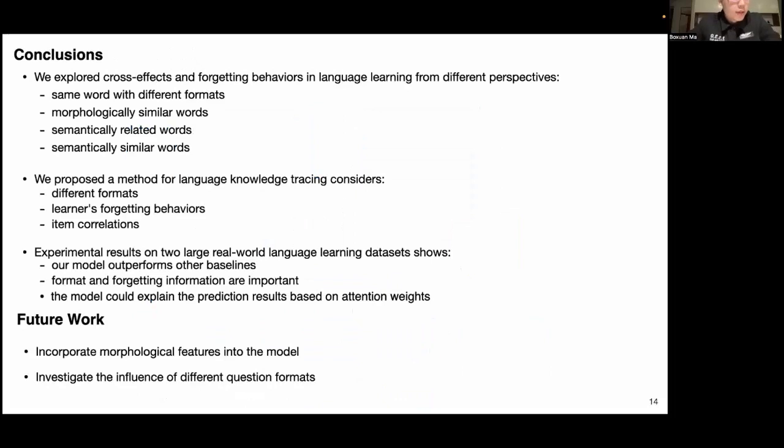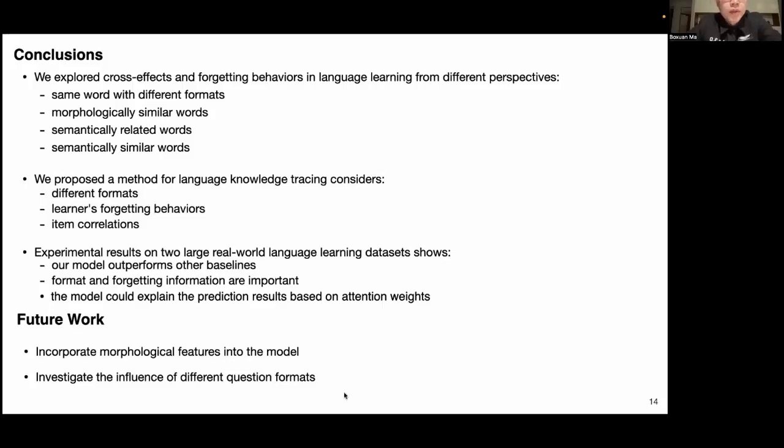Okay, for the conclusion. In this paper, we first explored the cross effects and the forgetting behaviors in language learning from different perspectives. Based on our observations, we proposed a method for language knowledge tracing, considering different formats, learners' forgetting behaviors, and also item correlations.